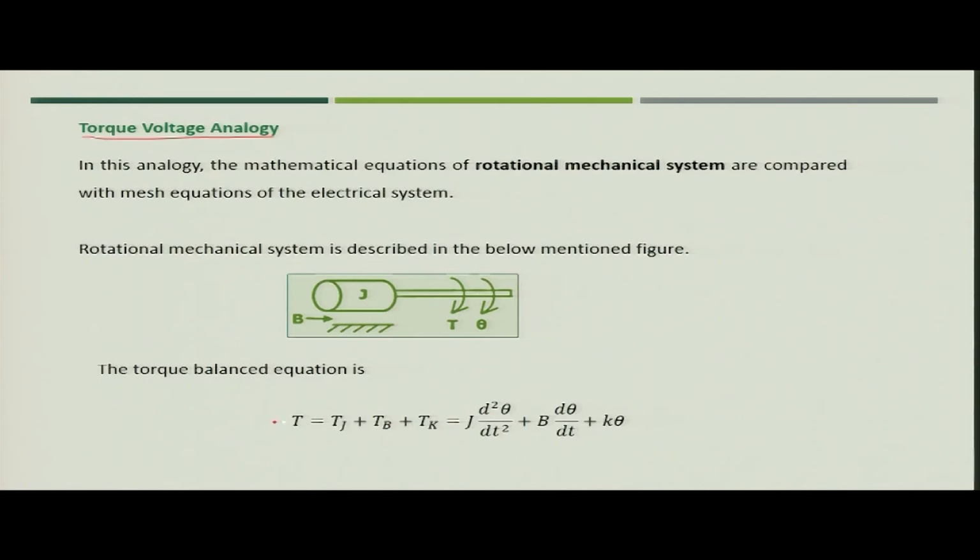So, total torque T is equal to J d2 theta by dt2, plus B d theta by dt, plus for Tk you write K theta. So, now you get the equation related to rotational mechanical system. Now, you will compare this again with the series RLC circuit equation.